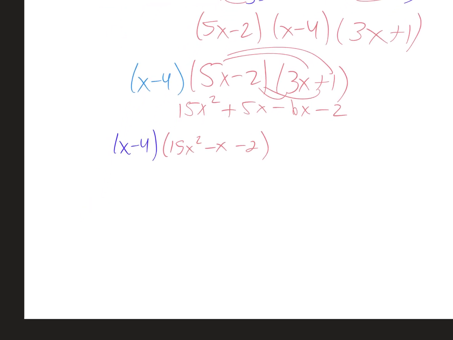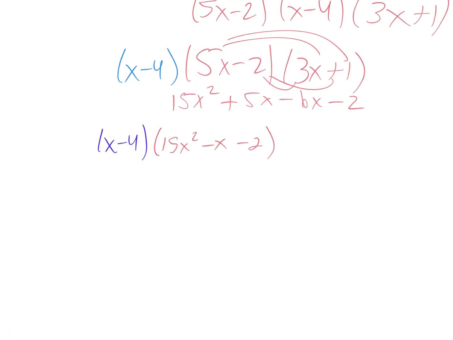And now we're just going to go through and distribute. X times 15x squared is 15x cubed. X times negative x is negative x squared. X and negative 2 is negative 2x. Negative 4 and 15 is negative 60x squared. Negative 4 and the negative x is plus 4x. And negative 4, negative 2 is plus 8.